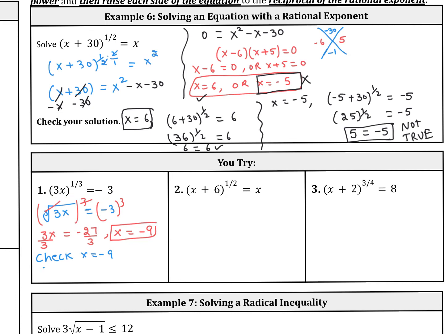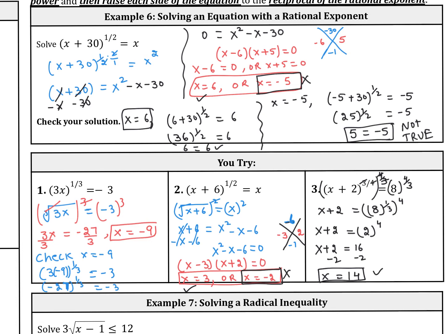So you get 3 times -9, the cube root of that should equal -3. What we have here is -27. The cube root of -27 is -3. So this is true. It means -9 is our answer because it gives us the true result.